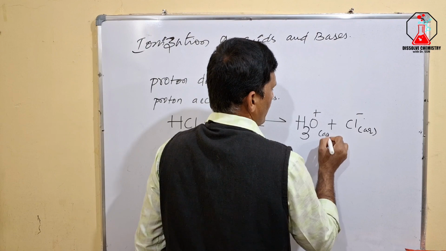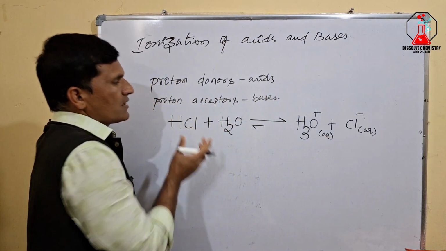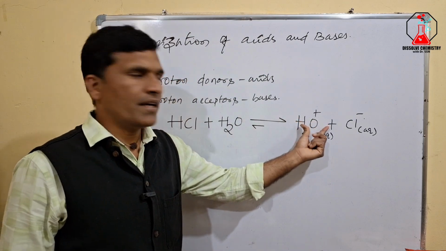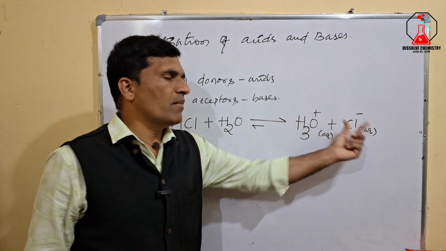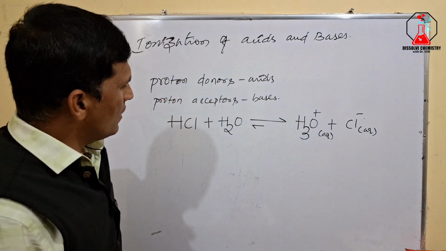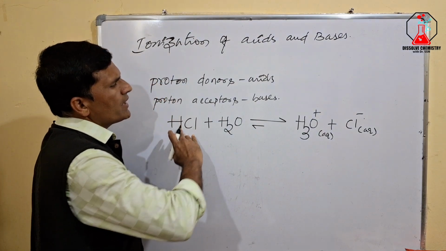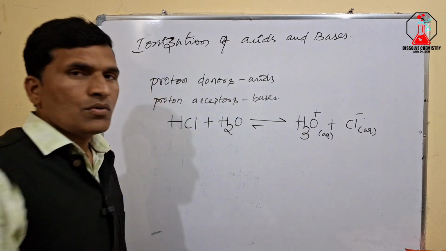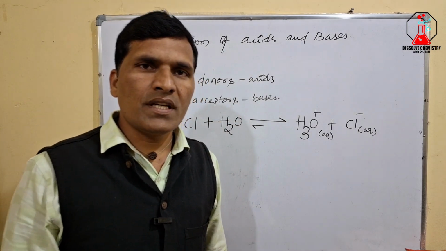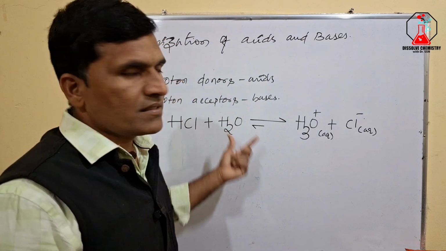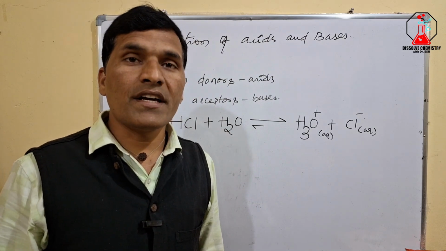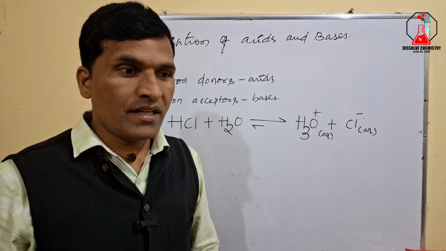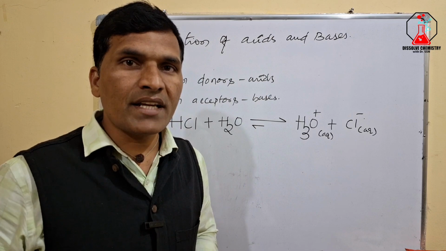Here HCl is giving the proton and water is accepting the proton and converting into hydronium ion and Cl minus ion. Now it is completely dissociating and giving H plus ion to the water molecule. We should say that our base, that is water, also has a greater tendency to accept the proton. When it has a greater tendency, then only it will take it.